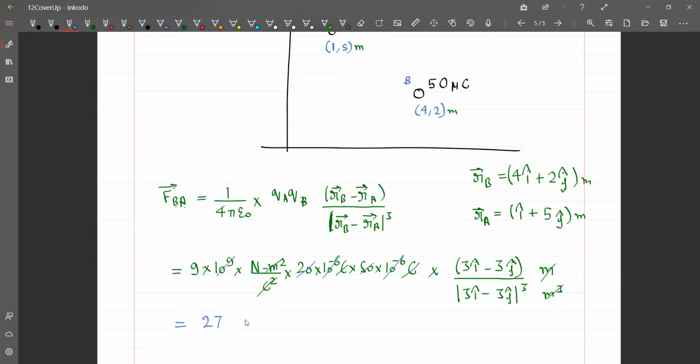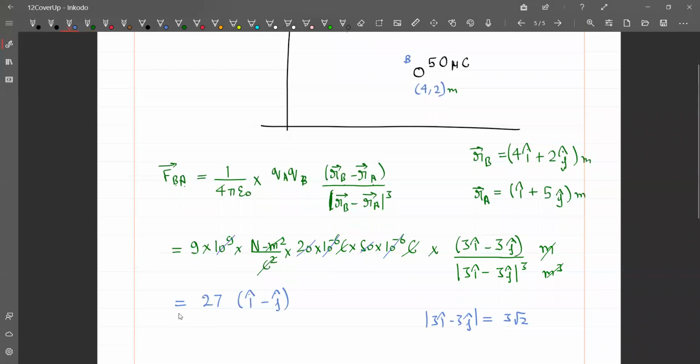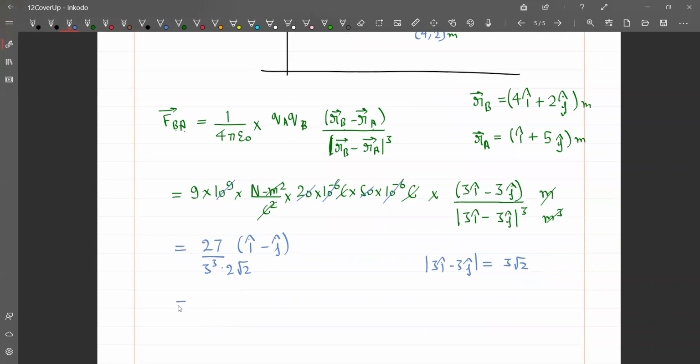So that will give me 27 (i cap minus j cap) divided by mod of 3 i cap minus 3 j cap, which is 3 root 2. So this will be 3 cube into 2 root 2. So this will come out to be 1 by 2 root 2 (i cap minus j cap) newton.